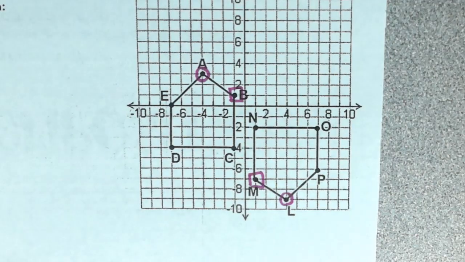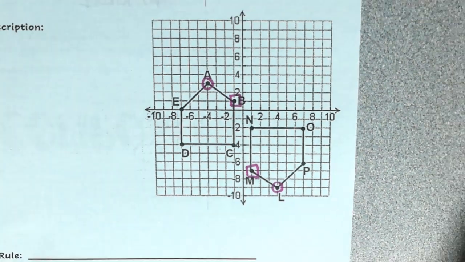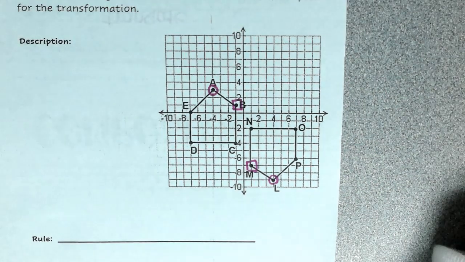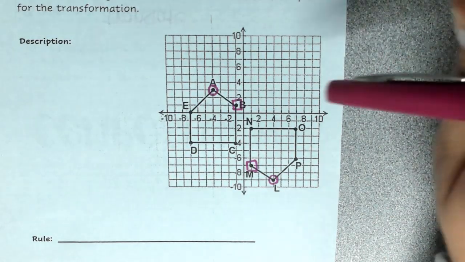How do I go from LMNOP to ABCDE? What should I do first? Flip over some, whatchamacallit? Rotate how? 180. Counterclockwise. 90. No. Not 90. We're going to do something else. You're not wrong. We're going to do something else, though. Flip how?